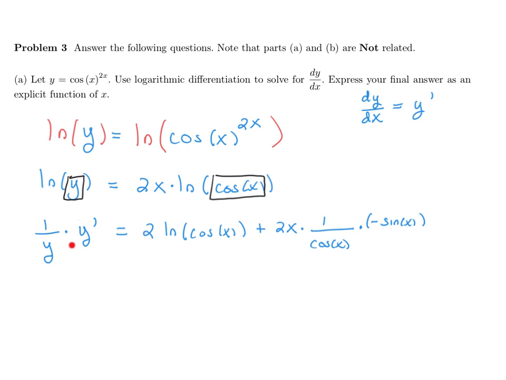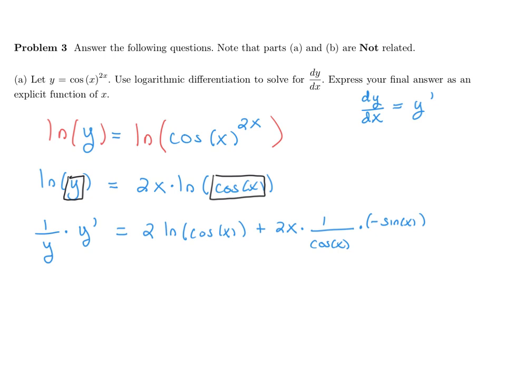The goal is to solve for y prime. To get y prime by itself, you can multiply y to the other side of this equation. I'm going to do this in the same step where I'll leave this alone on the left side. I'll multiply a y, put it here with some parentheses, and I think I'll clean this up a little bit. Maybe I'll put all this into a single fraction.